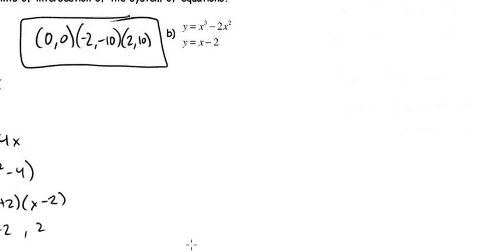All right, over here we've got b, and it's the exact same idea. We're going to take our y and substitute it in. So x minus 2 is equal to this stuff over here, x cubed minus 2x squared. That's it.